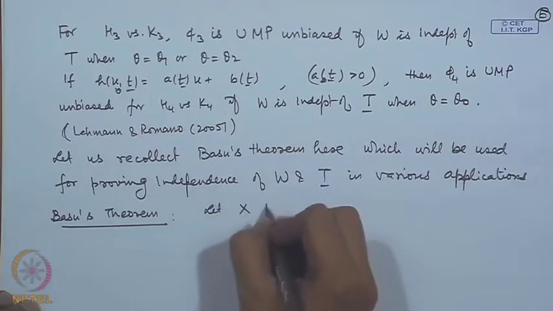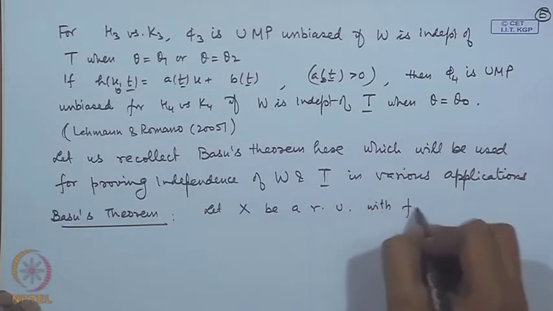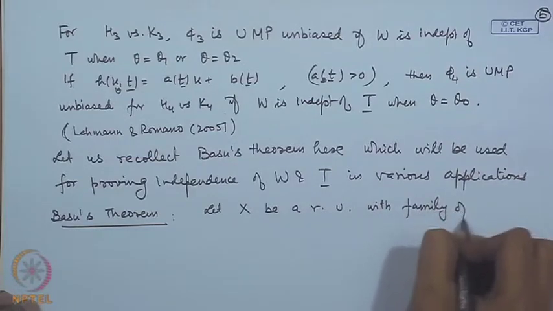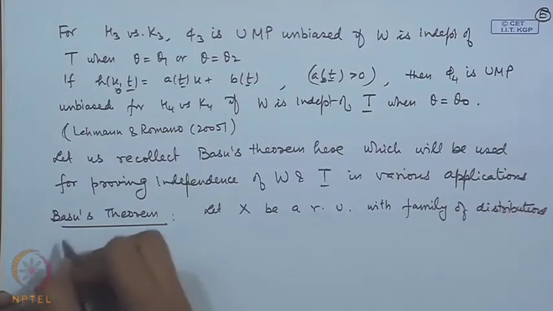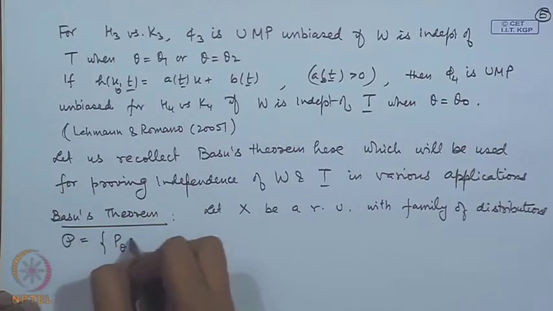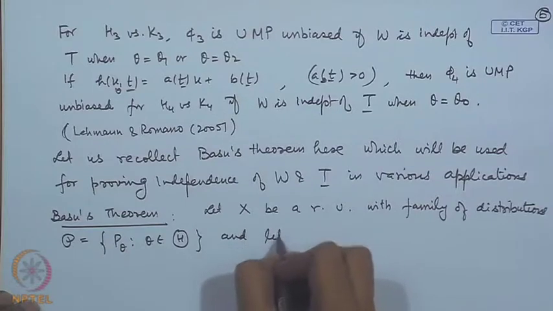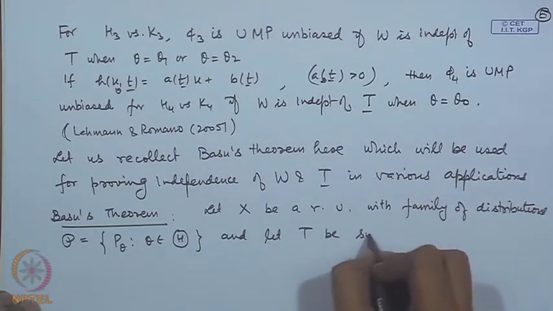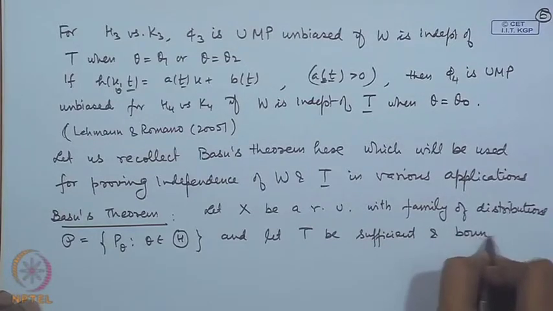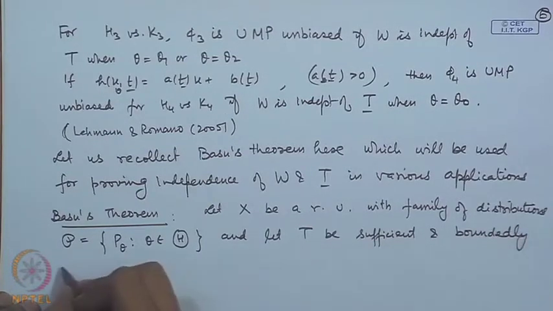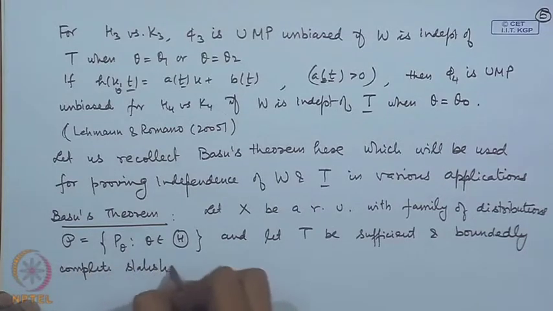Let X be a random vector with family of distributions P theta, theta belonging to Theta, and let T be a sufficient and boundedly complete statistic.